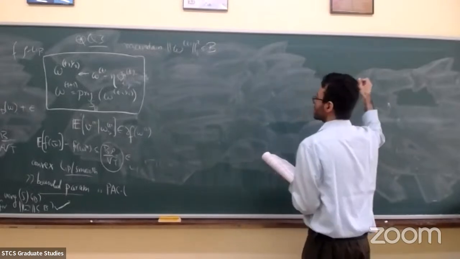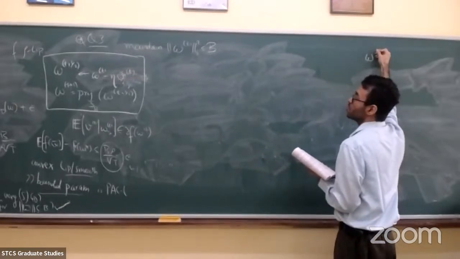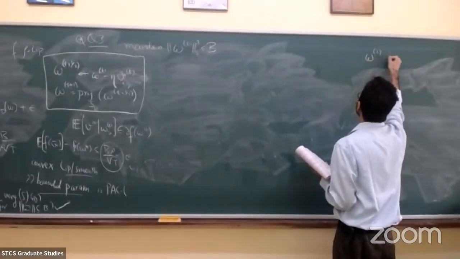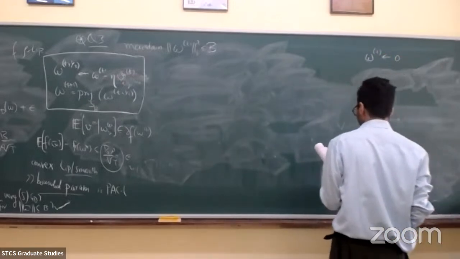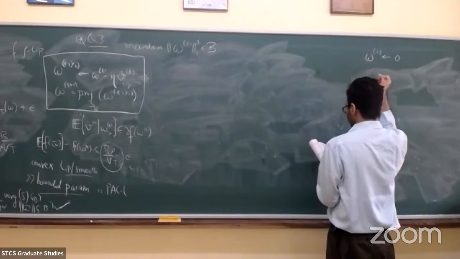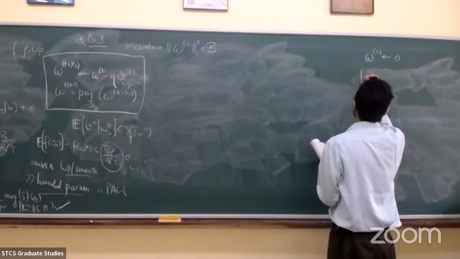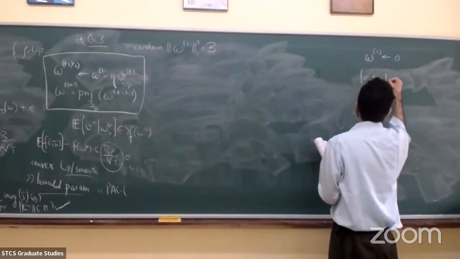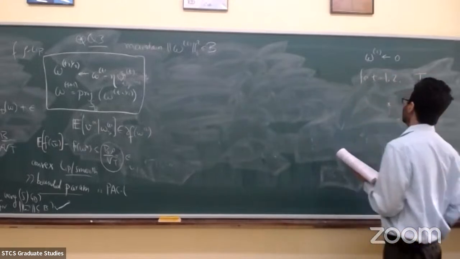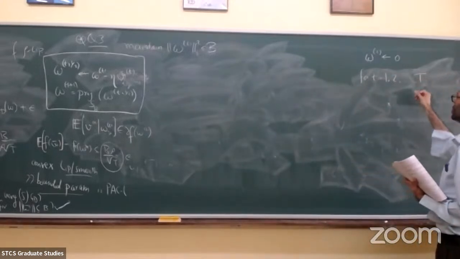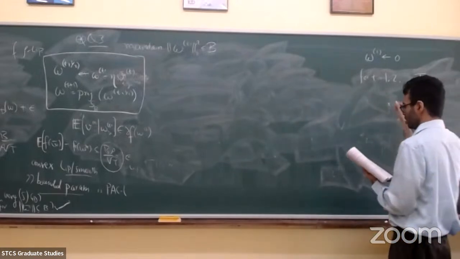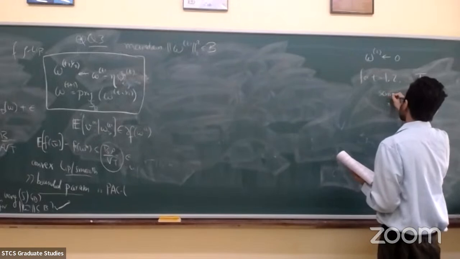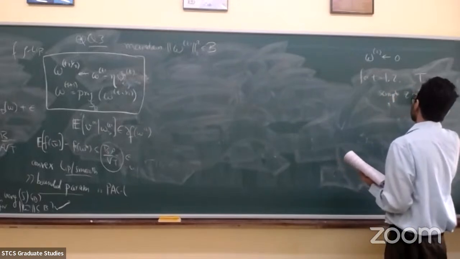We initialize W1 equal to 0, or W0 equal to 0. And then at every iteration, you first take one sample from the distribution.